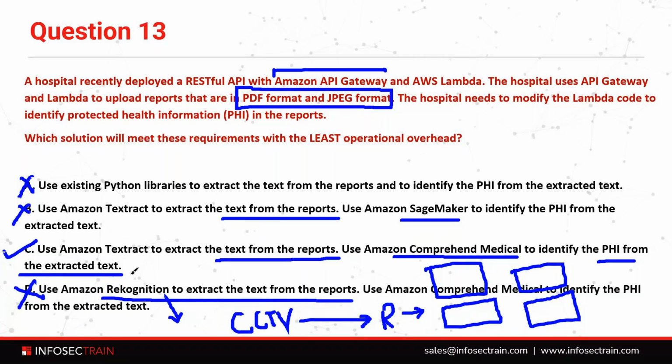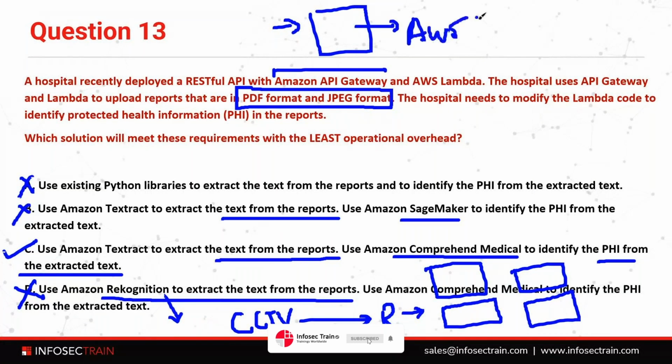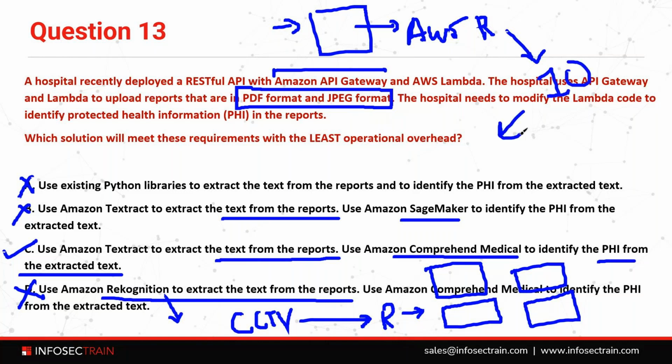Rekognition is like a machine which is analyzing your images and videos, and whatever information you ask of it, it will be telling you. Let's suppose, for example, you have a family photo. You give it to AWS Rekognition and ask how many people are there in this photo. Rekognition analyzes that particular image and tells you that in this photo 10 people are there, 2 are kids, it looks like 4 are female, and it looks like the rest are males.